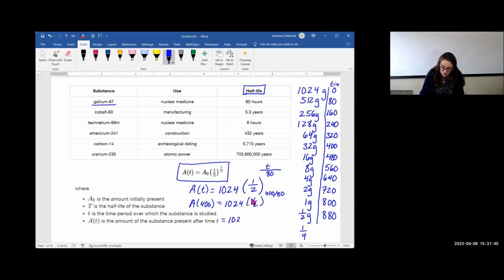So I have 1,024 times 1/2 to the 5th power, and you can use your calculator or work it out another way. 1,024 times 0.5 raised to the 5th power is 32. Which is the same thing that we got previously when we were just counting down, right? But this would allow me to figure out how much is still radioactive at any point in time.